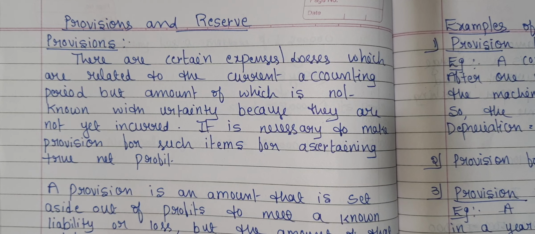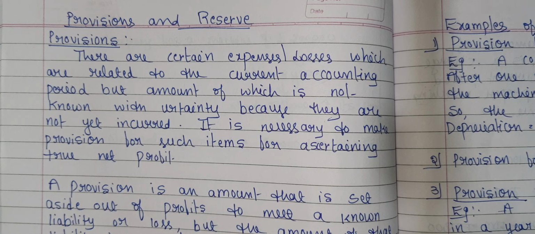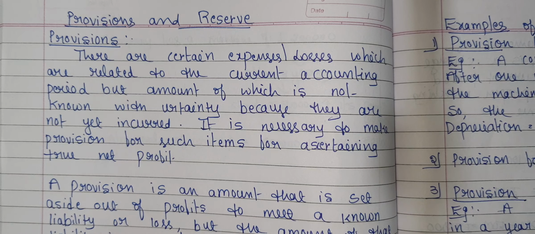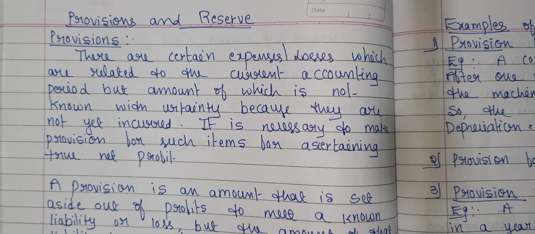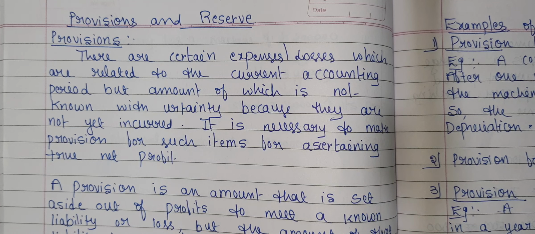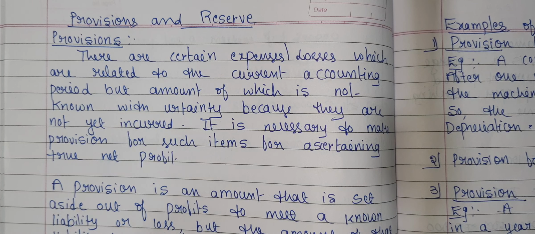Not yet incurred means we know that something is going to happen, but we don't know the exact amount. Clear? We know that a loss or expense will happen in the future, but we don't know the exact amount of that loss or expense.